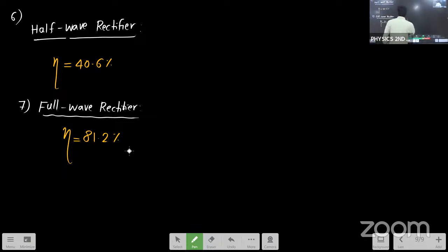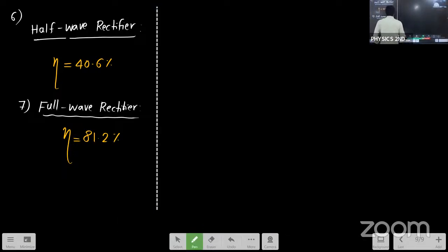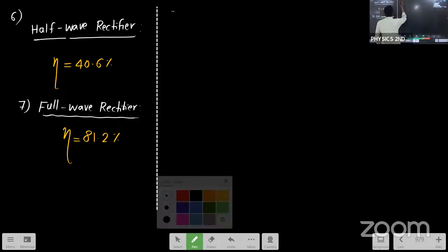Now let us discuss one more diode, called the Zener diode. In the examination, you will be getting questions on the Zener diode: why we use it, and how it is connected. So the next topic is the Zener diode.